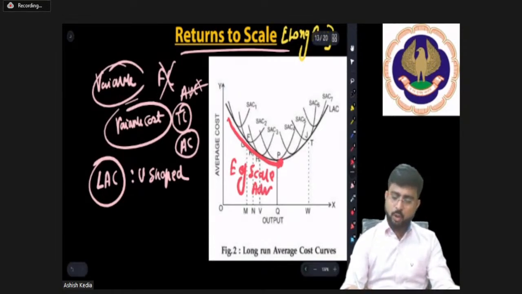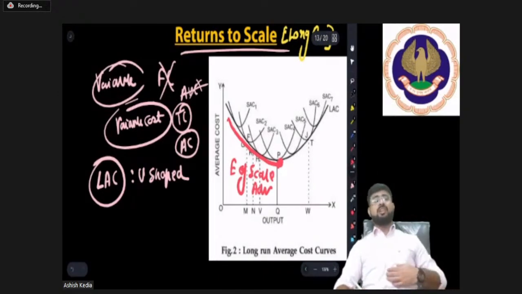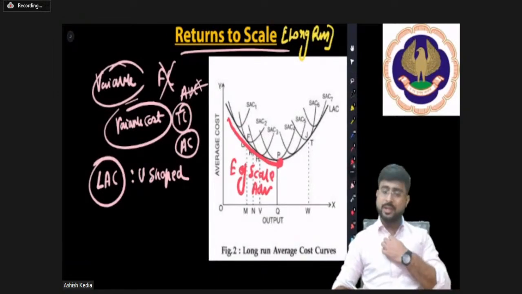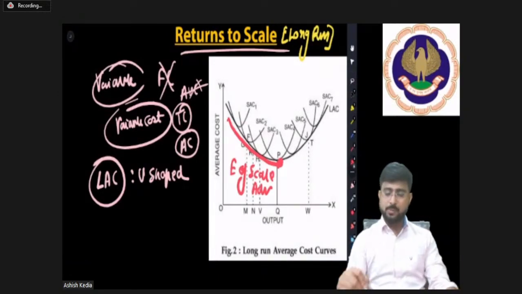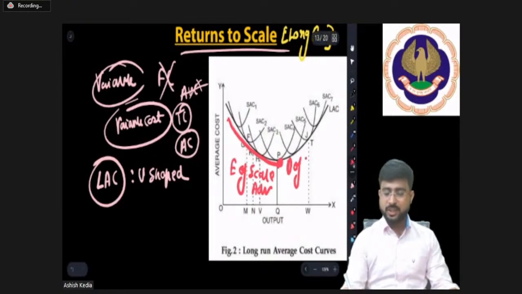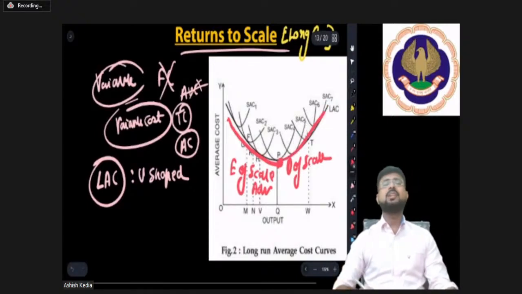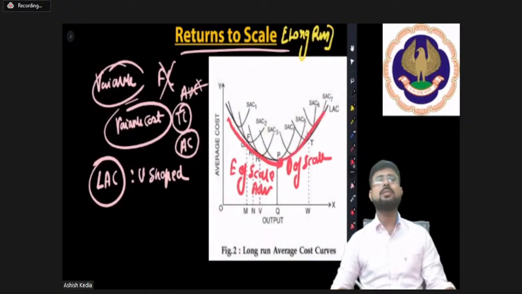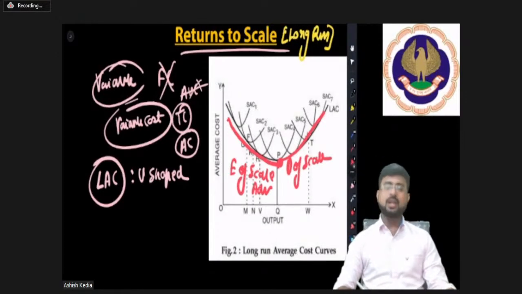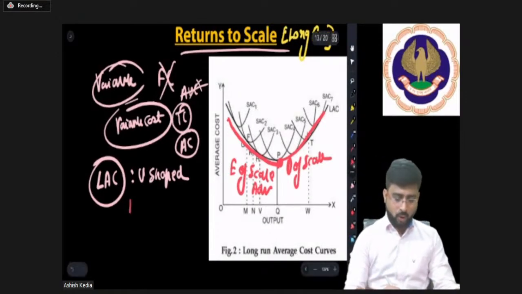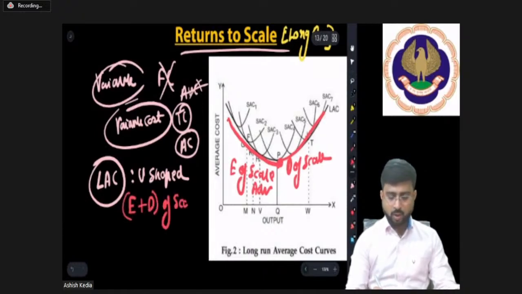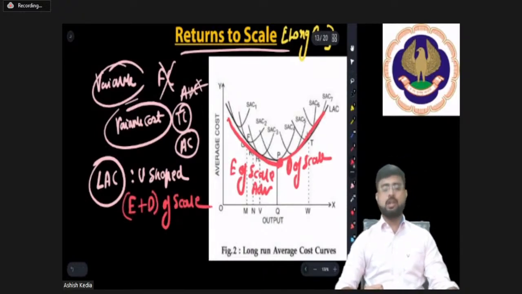But beyond a certain level, if you try to increase due to overcrowding and so many other things, instead of economies of scale, the firm starts experiencing diseconomies of scale, and therefore the cost goes up, and hence the U shape. Therefore LAC curve is U shape. Why? Because of economies and diseconomies of scale.